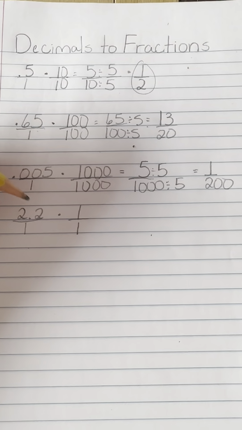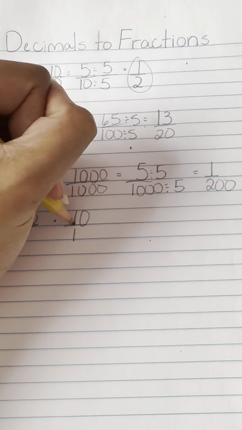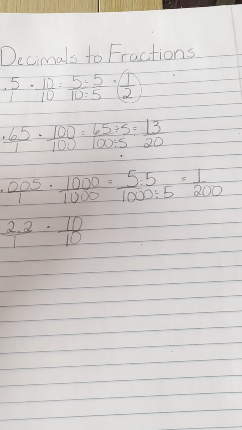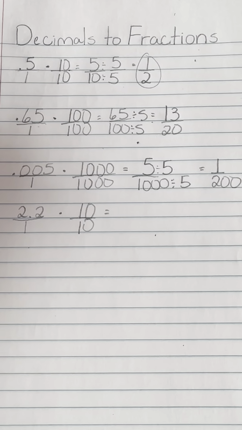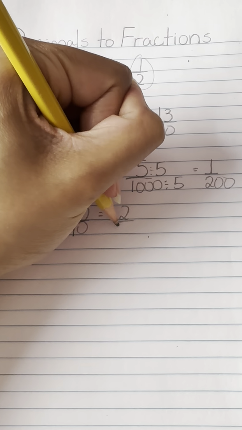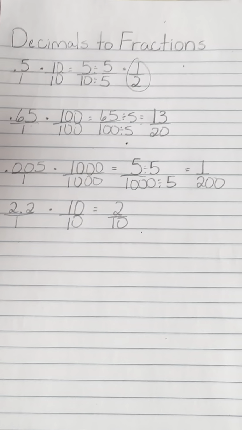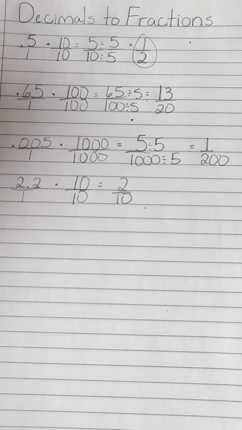So we know there's 1 digit after the decimal point, so it's going to be 10. And that's going to leave us with 2 over 10. And of course, if you would like to change this to a mixed number instead, we can.